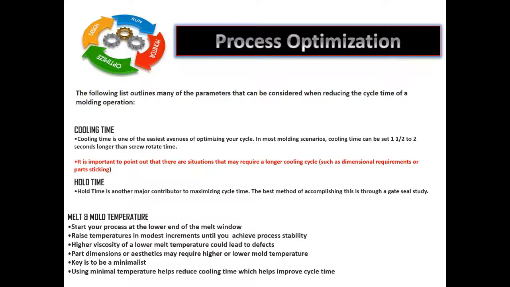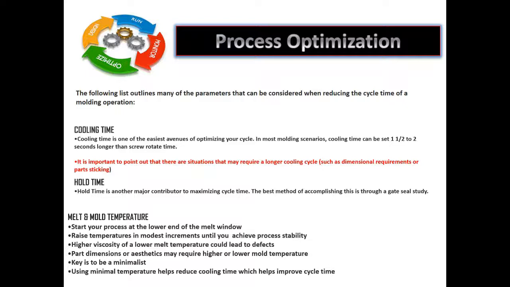And then one of the biggest helps that we can get are from melt and mold temperature. First of all, the MSDS, your material manufacturer, provides you with a melt temperature, and as a standard rule, your melt window is going to be 25 degrees below that melt temperature.